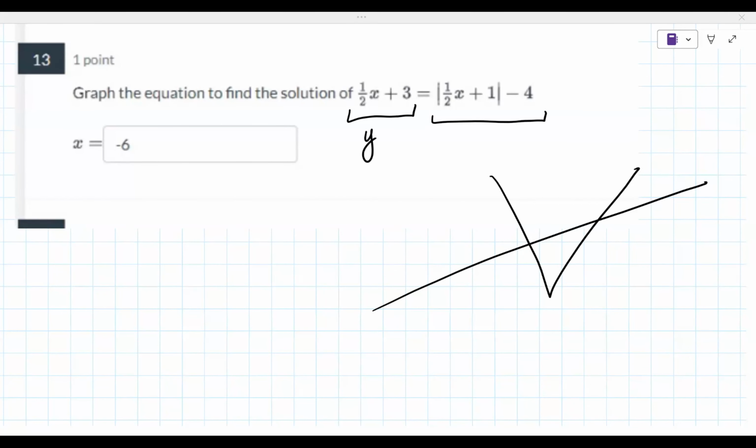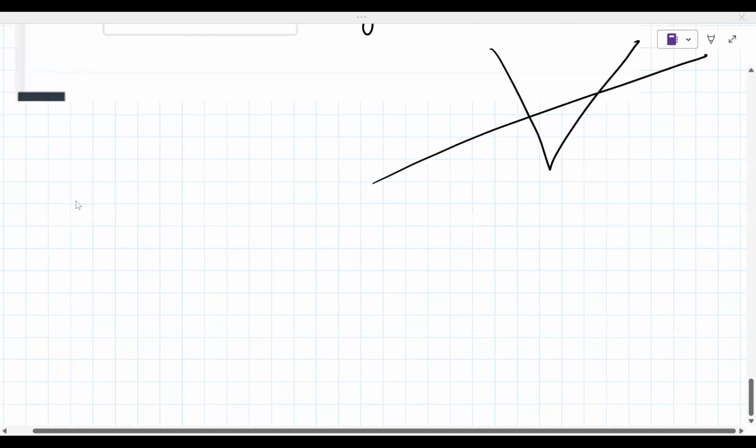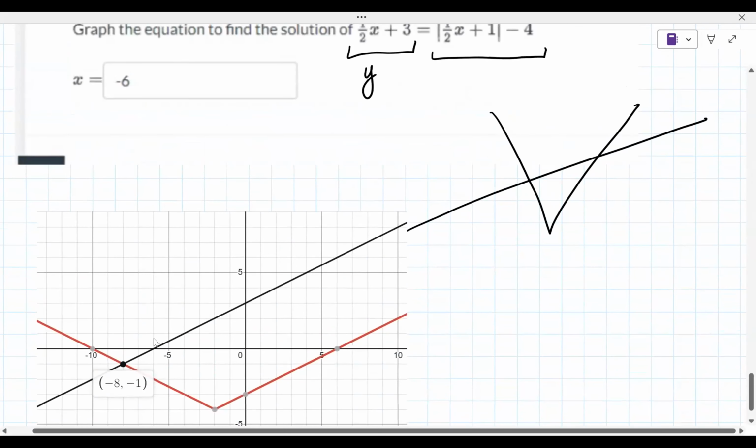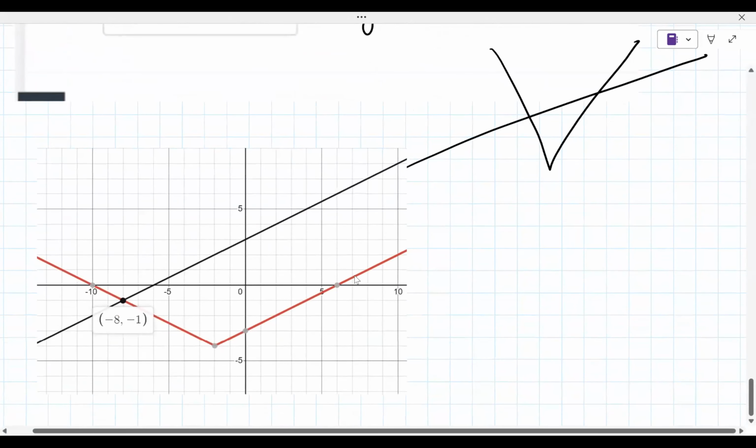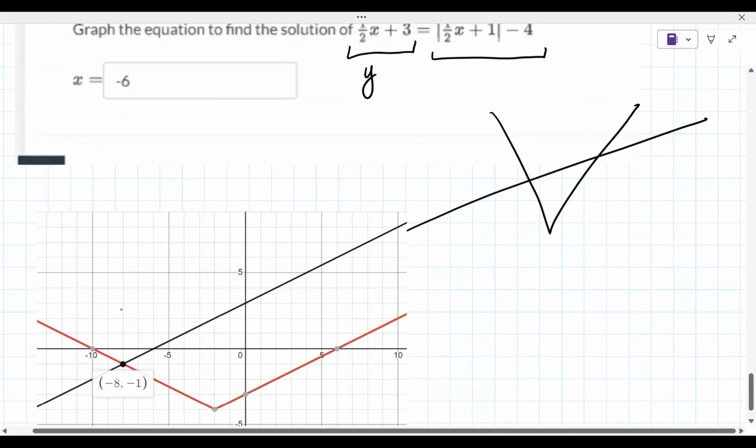I mean, it is one solution, but you can see here graphically it's just slightly off. Make sure I actually graph that right. 1/2 minus 4. Yeah. So see, the red and the black are parallel, but they do hit here. So we want to change this to minus 8.